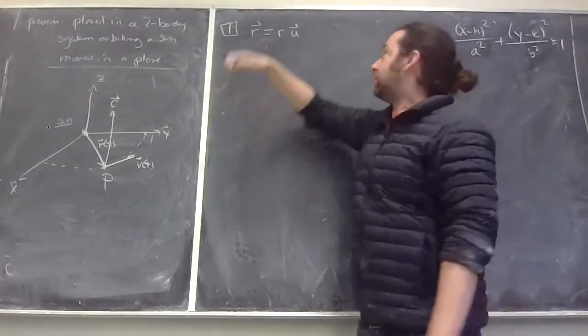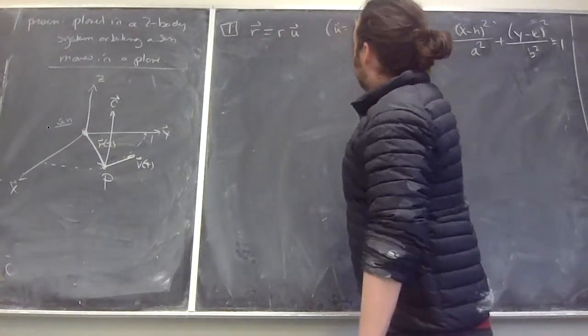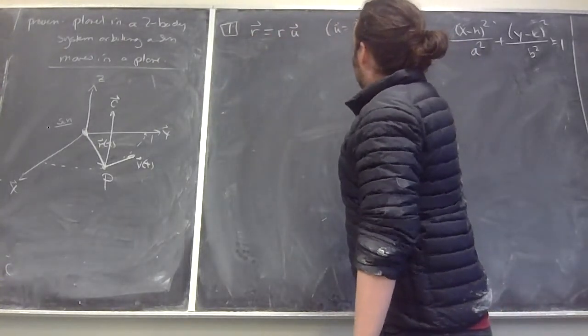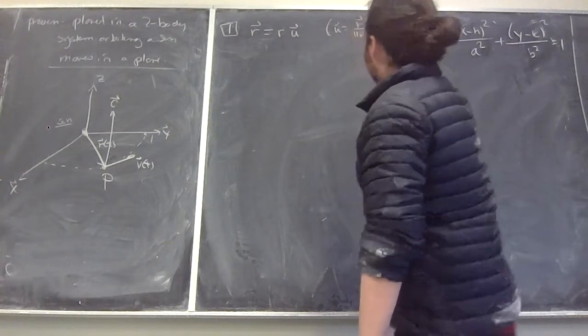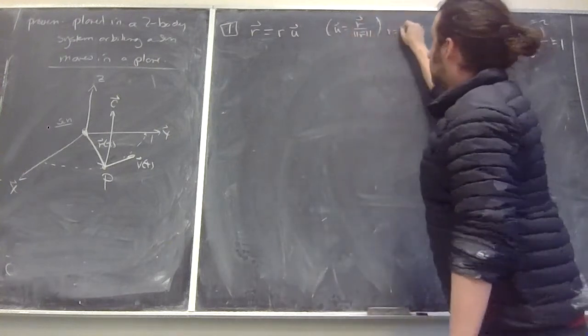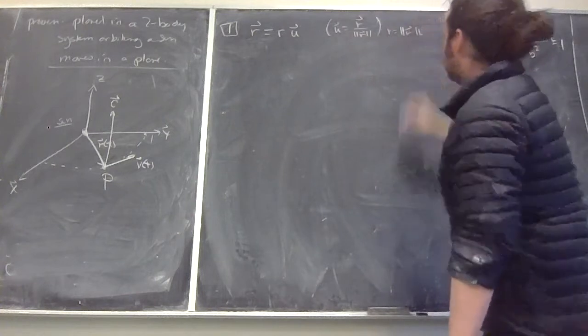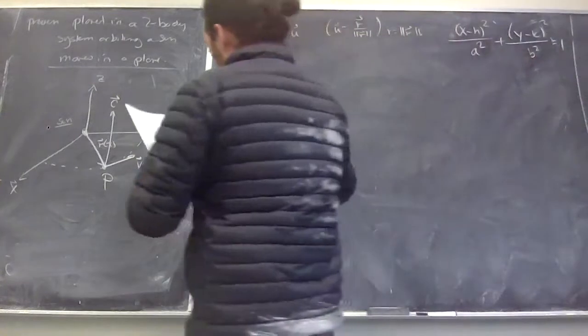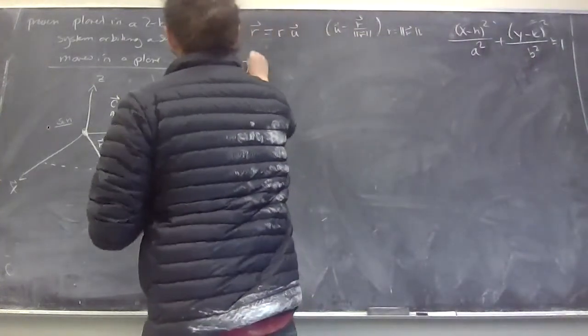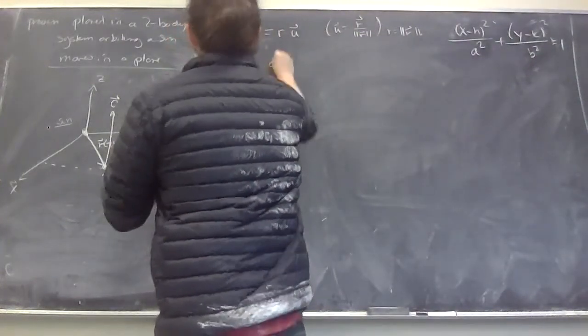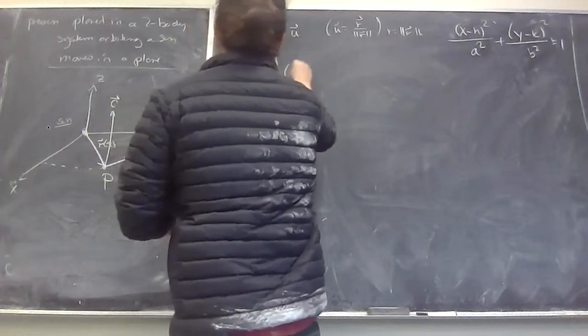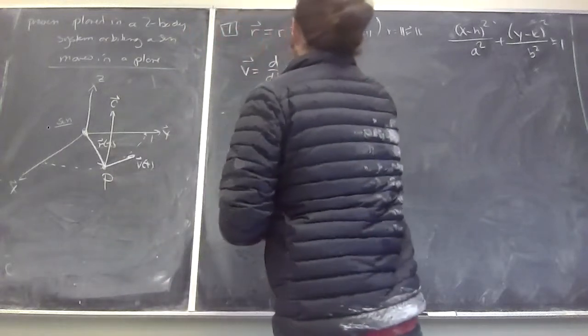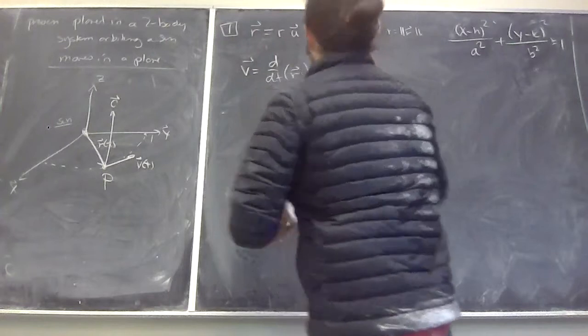This just comes from the definition that u is equal to r divided by the length of r, where little r is equal to the length of r. That's the notation. Okay, so v is equal to d by dt of r, which is actually equal to d by dt of r u.